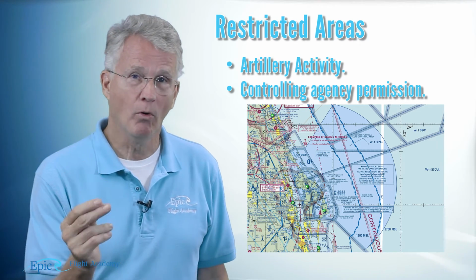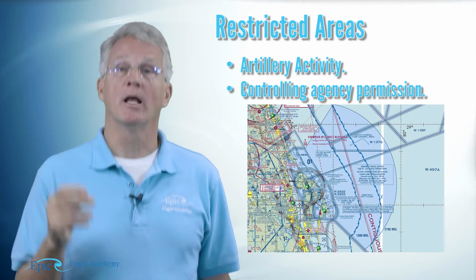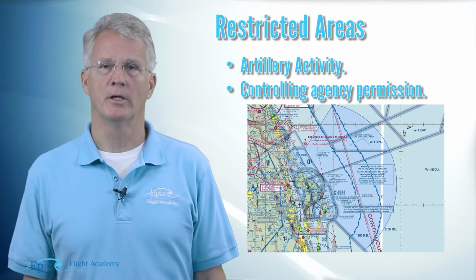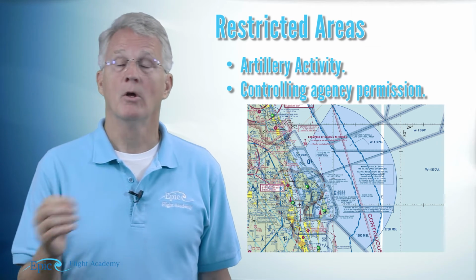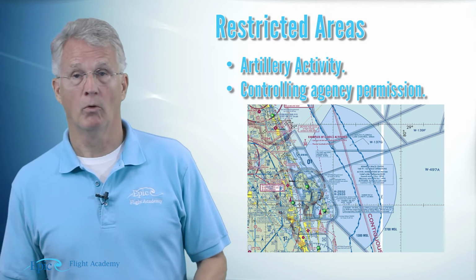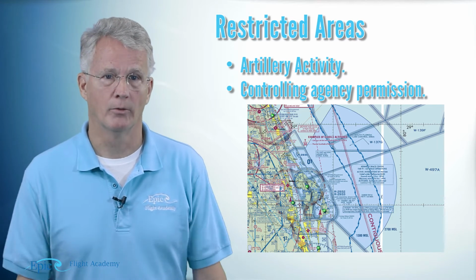So it's important that you work on this with your flight instructor and understand, how do I contact that controlling agency, and be crystal clear whether that restricted area is open, that's cold, or closed, that's hot. Hot or cold. Okay, controlled firing areas.